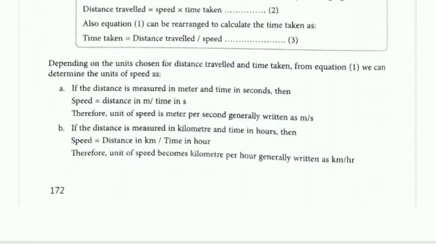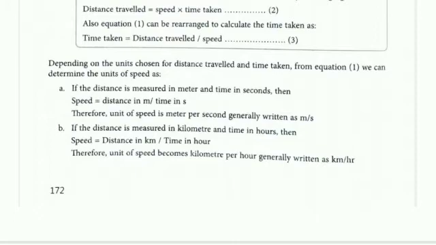Now, depending on the units chosen for distance travelled and time taken, from the equation we can determine the units of speed. Means what is the unit of speed. So there are 3 points.